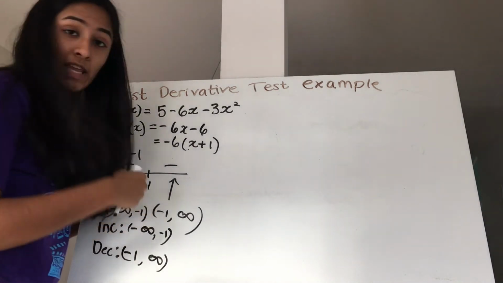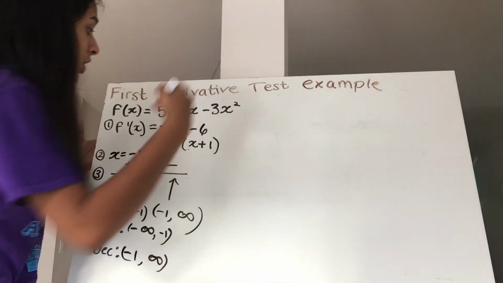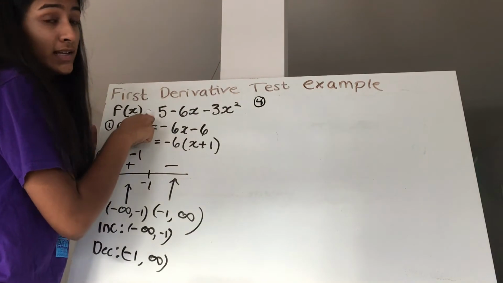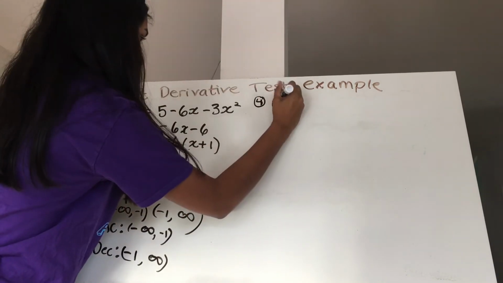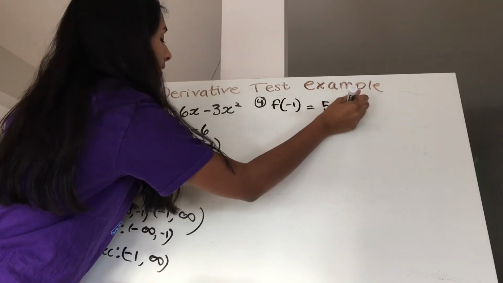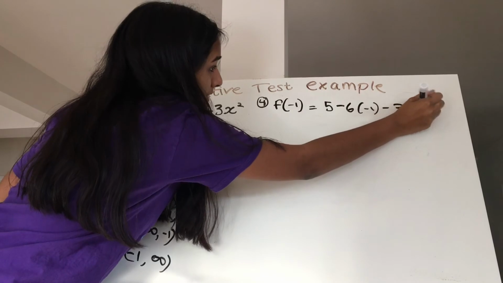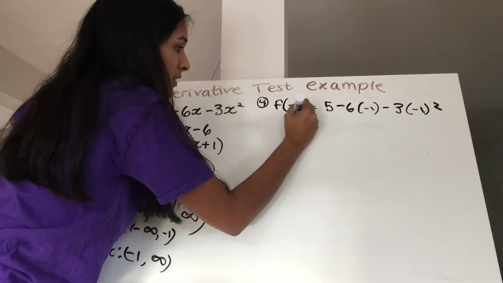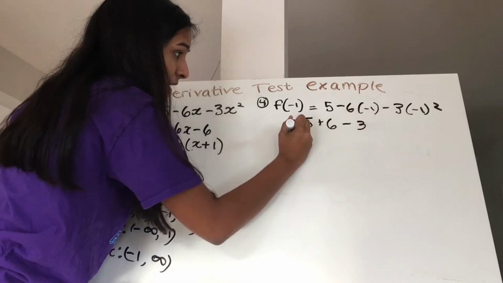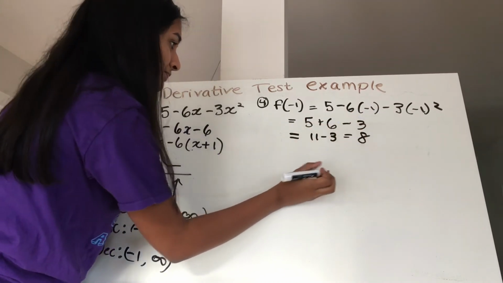So now we know that the function is changing at negative 1, so we can go on to our fourth step of plugging it into the original equation f of x. So we get f of negative 1 is 5 minus 6 times negative 1 minus 3 times negative 1 squared, which is 5 plus 6 minus 3. 11 minus 3 equals 8.